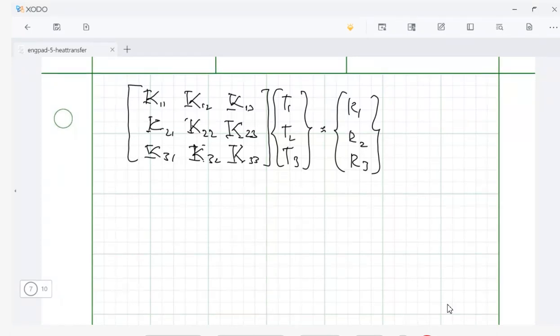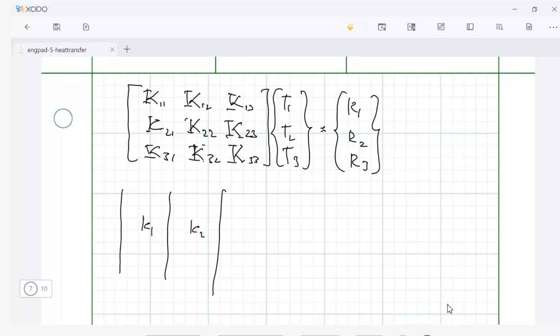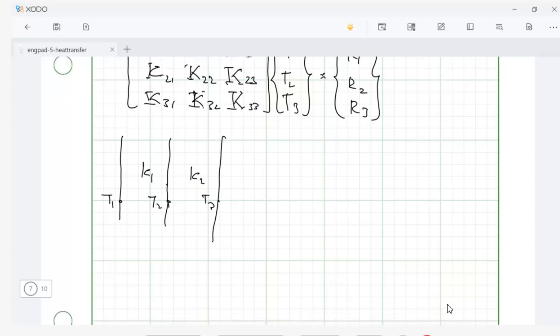Anyone? So again, this is what we call a composite wall. This is small k1, because this is element k1 and k2, which is element 1 and element 2. So we have T1, T2, and T3 here.